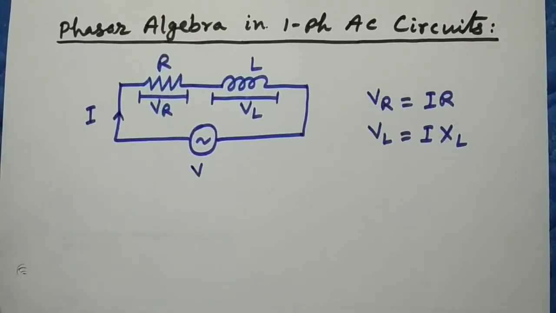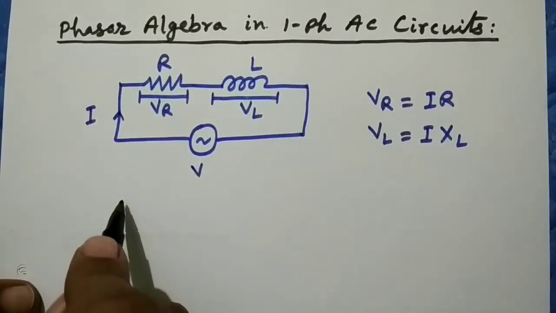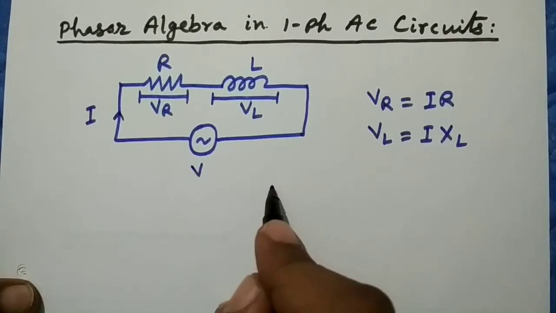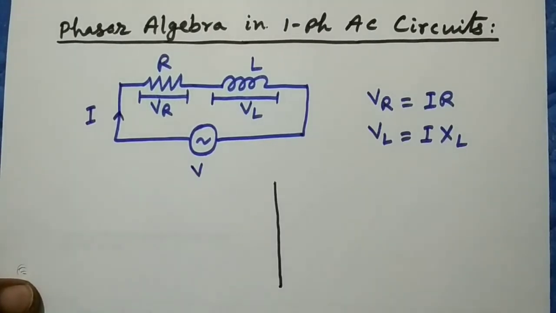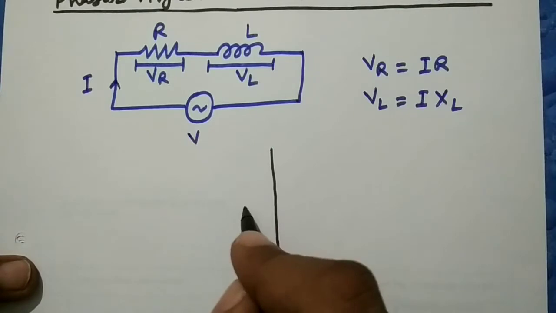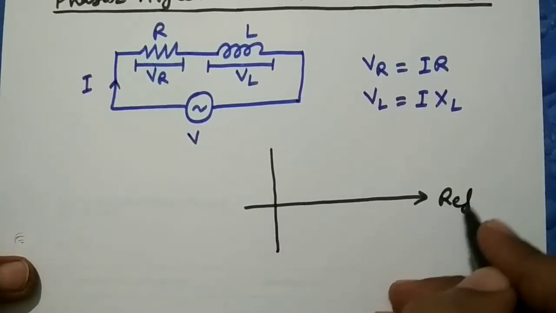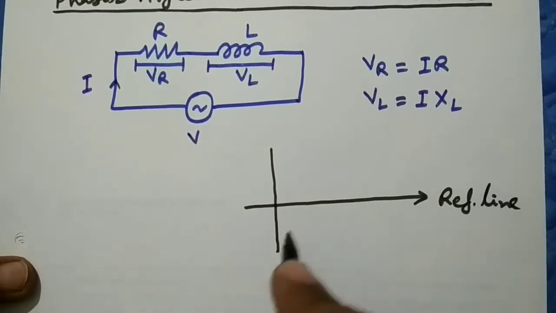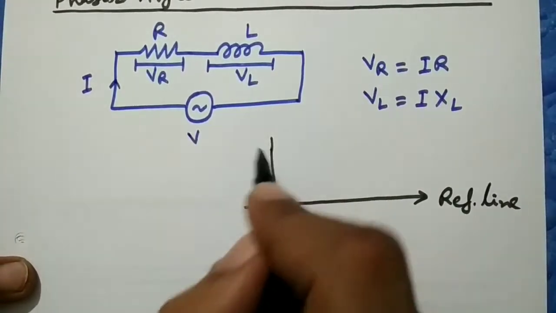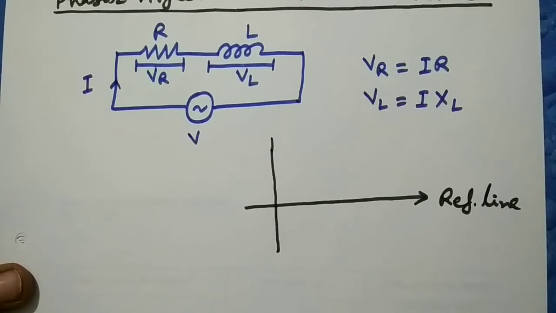Now draw the phasor diagram of these voltages and currents once again by taking current as the reference. So this is our reference line, and we will consider the current as the reference.